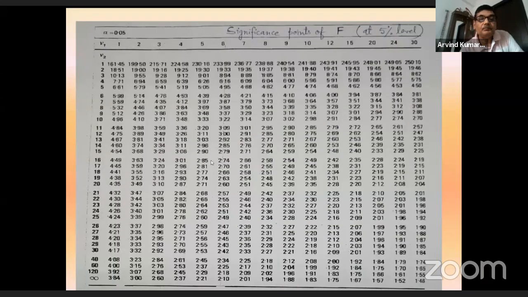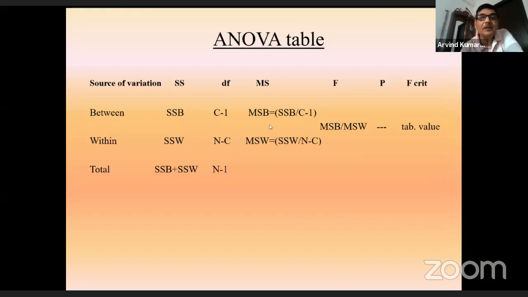Now, degree of freedom, let us see how this will be calculated. This degree of freedom is C minus 1. That's column minus 1 for SSB. If the columns are there, then this C minus 1 will be the degree of freedom for SSB.